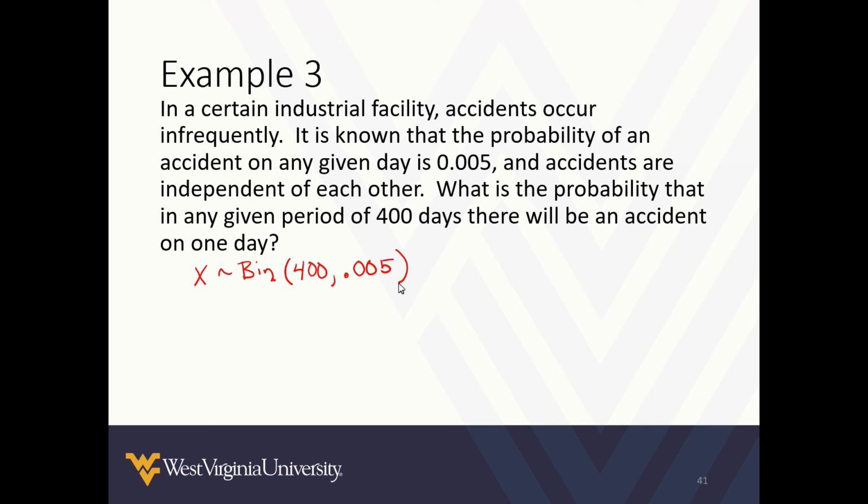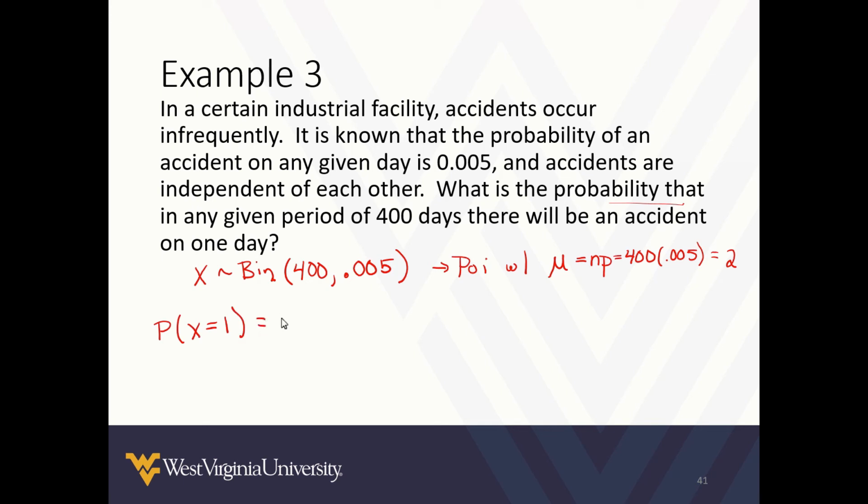So instead, we are going to use the Poisson distribution with our mean being np, or in other words, 400 times 0.005, which is equal to 2. Now we can go ahead and answer our question. It asked us, what is the probability that in any given period of 400 days, there will be a single accident? So what is the probability of x equal to 1?